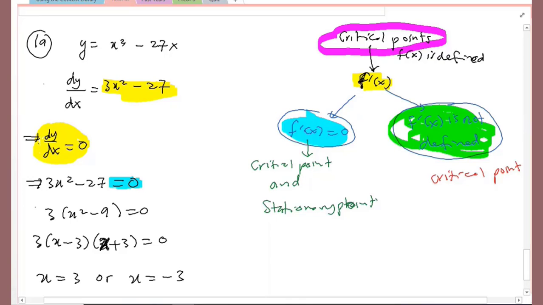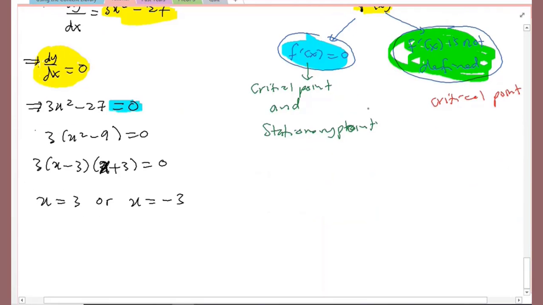Because this is a critical point, you need to find partner y. Jangan tinggal x is equal to 3 and negative 3. No, this is not that one. You kena cari partner dia. When x is equal to negative 3, what happened to y? And when x is equal to 3. Substitute lah.